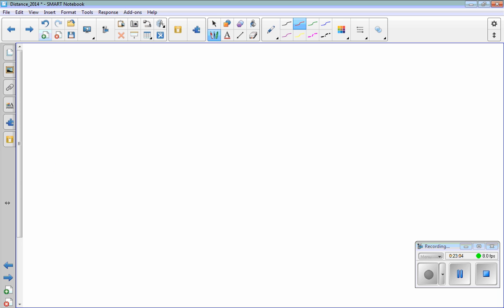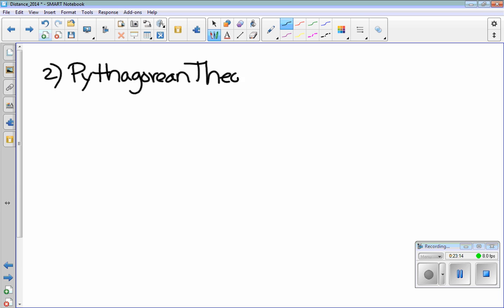So card 2 is the Pythagorean theorem. What kind of a triangle is used with the Pythagorean theorem? Nope. Could be isosceles, but it has to be a right triangle.